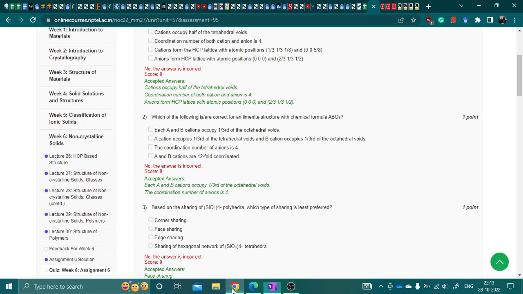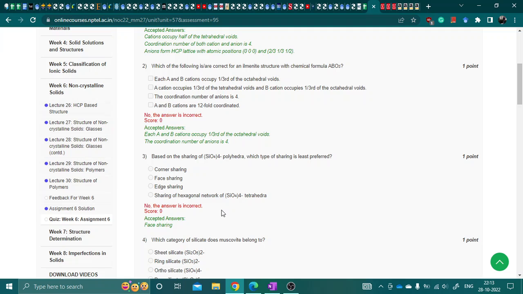Next: based on the sharing of SiO4 polyhedra, which type of sharing is least preferred? For corner sharing and edge sharing, the cations will be widely separated. From the perspective of the nearness between the cations, there will be repulsion.